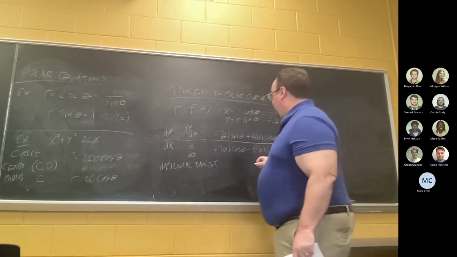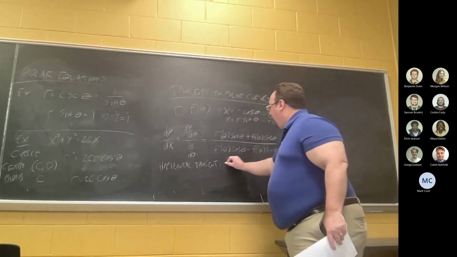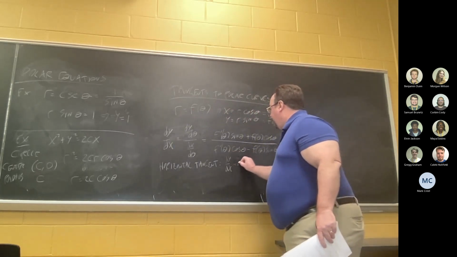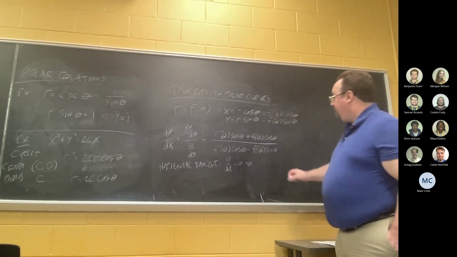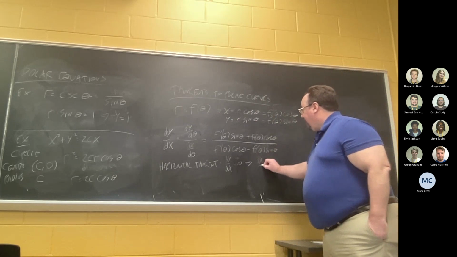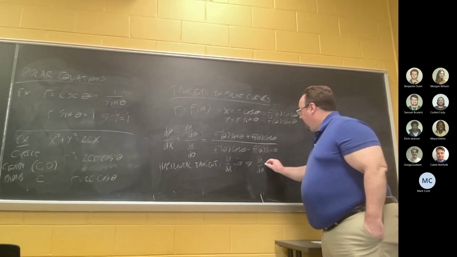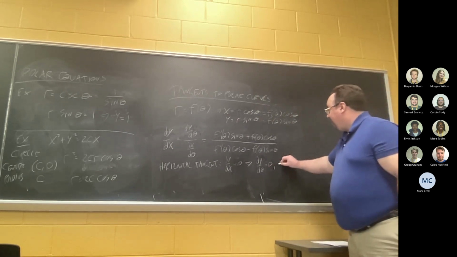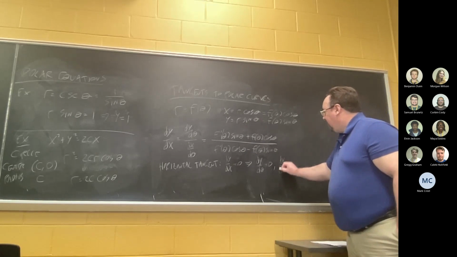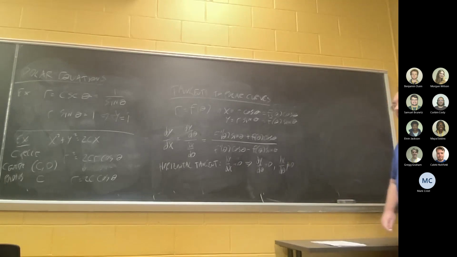Well, normally that's when dy dx is equal to 0. But in terms of the derivatives with respect to theta, that means we need dy d theta to be zero, but dx d theta must be non-zero because otherwise the whole fraction is undefined.